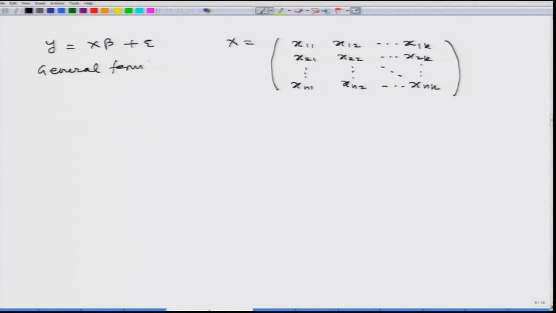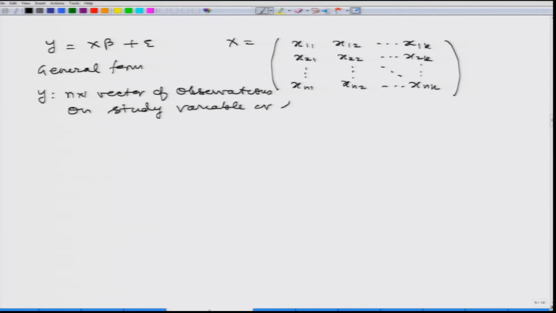the general form, in which we assume that y is an n cross 1 vector of observations on study variable, or let me call it response variable sometimes.